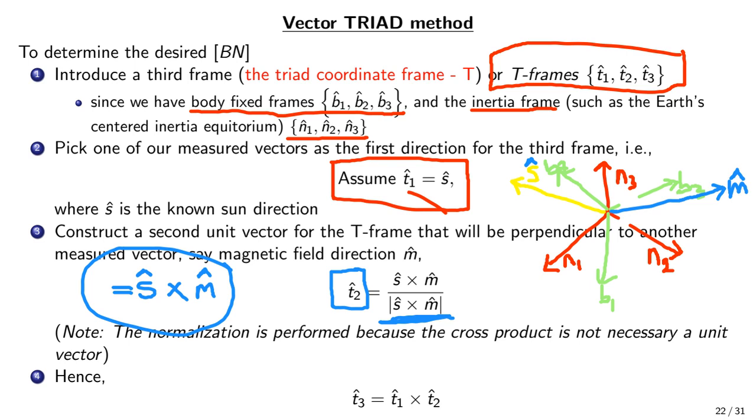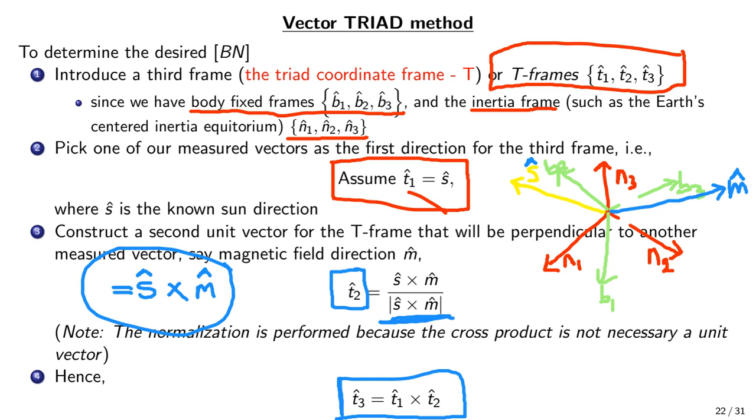So now we have been able to obtain our T frames. We obtained T1 by assuming T1 is equal to one of the measured vectors, and I would select that with the highest accuracy, which in this case is that of the sun.